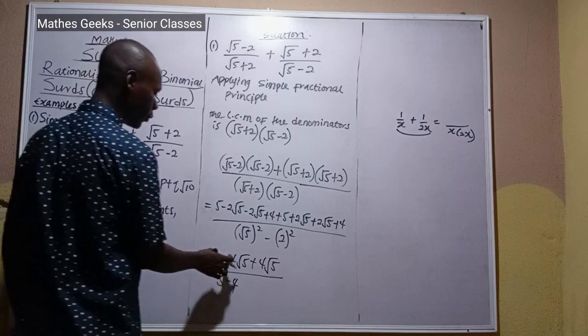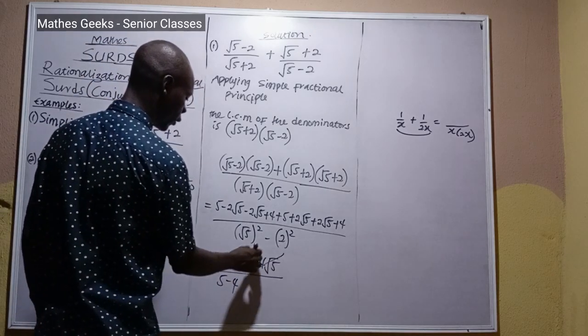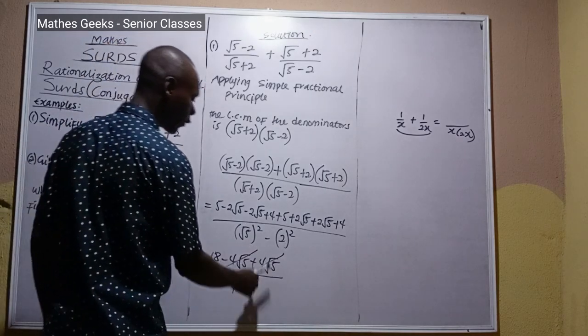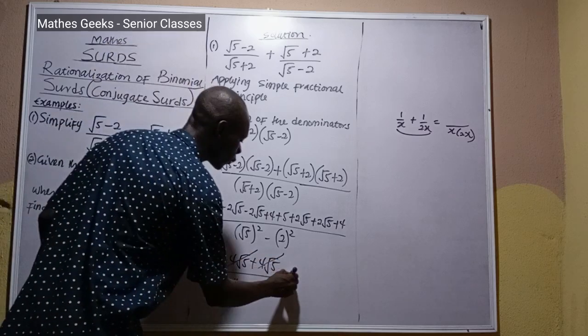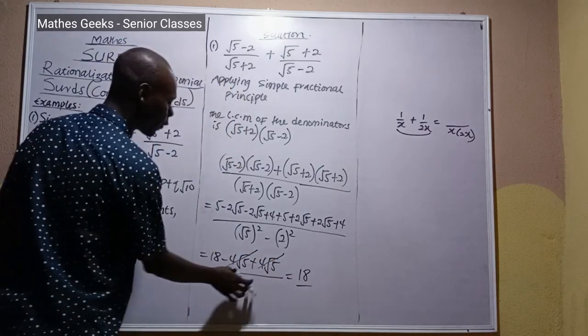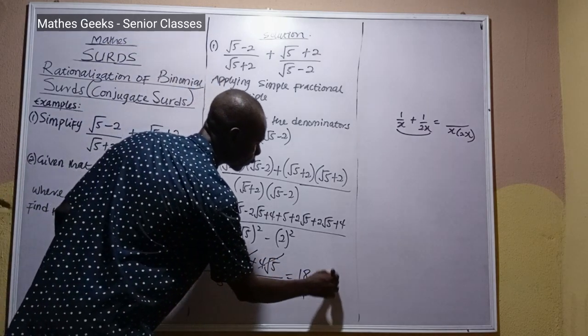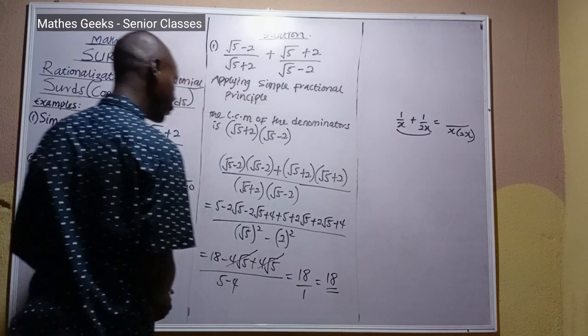So 18 minus 4 root 5 plus 4 root 5 will cancel out, giving 0. So 18 over 5 minus 4, which is 1. So our final answer is 18.